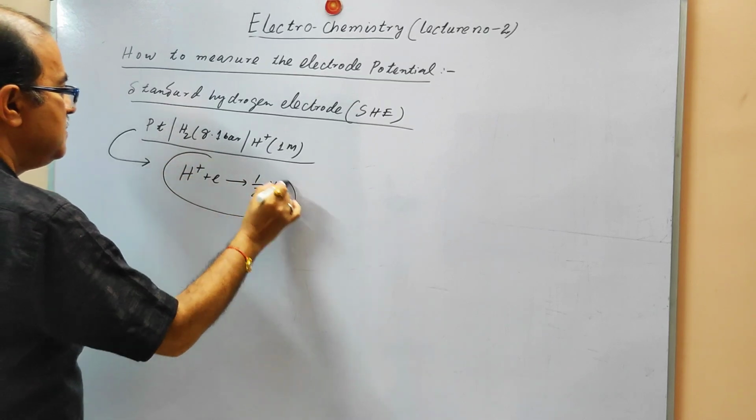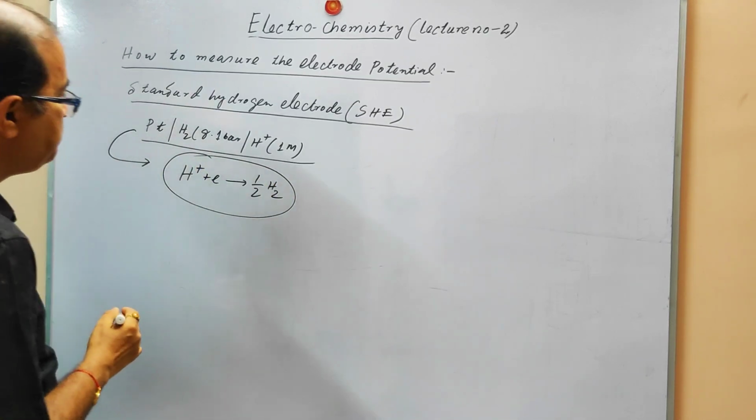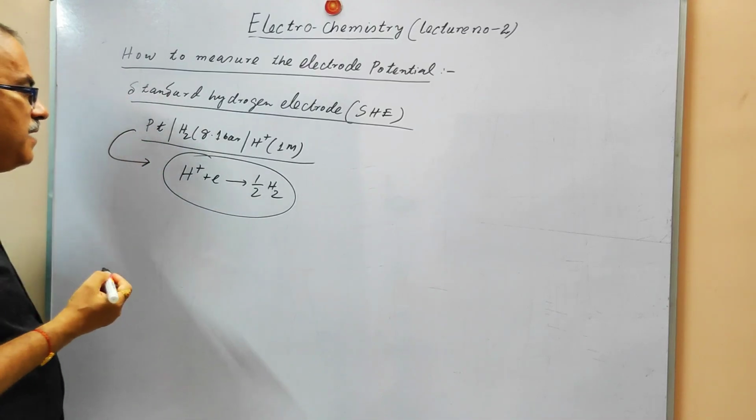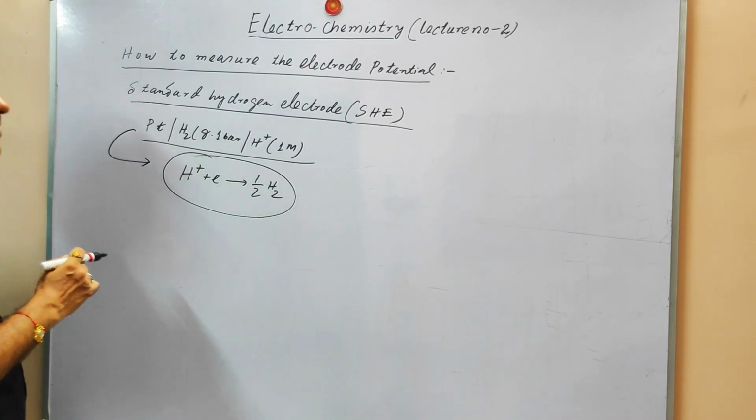This is its half reaction, that is the reduction reaction, and the cell is constructed like this.